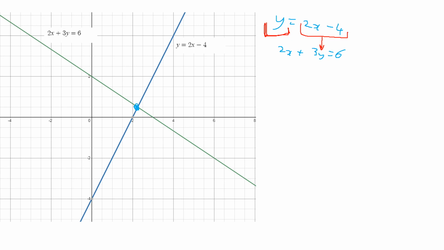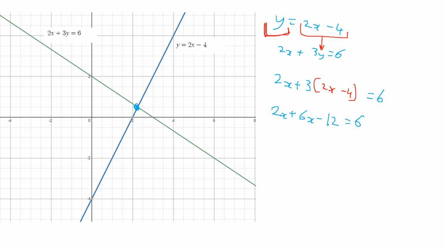So what we're left with is 2x plus 3 times (2x minus 4) is equal to 6. And now what we do is we solve for x. So let's expand the brackets because that's a problem. 2x plus 6x minus 3 times minus 4 is minus 12, is equal to 6.